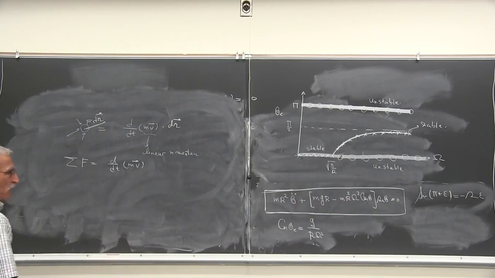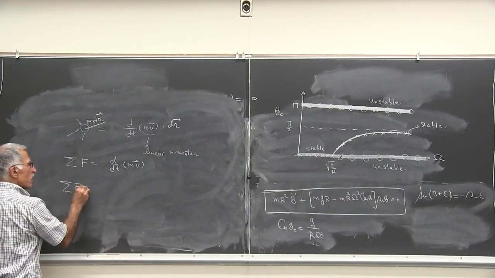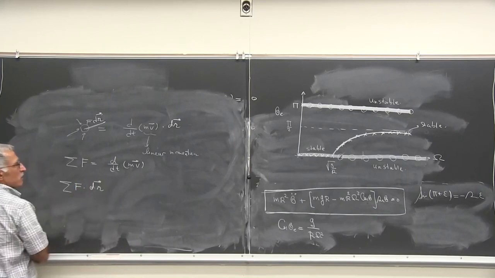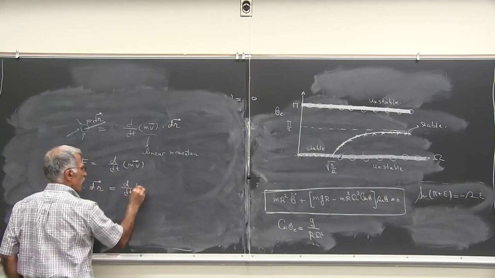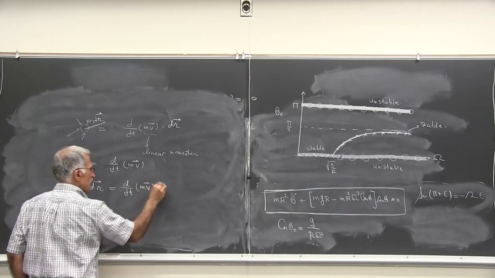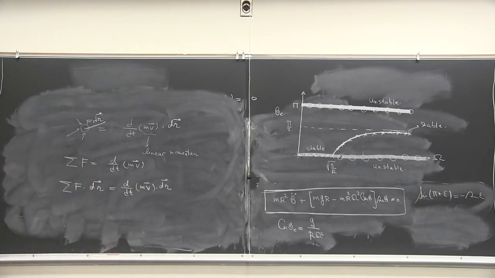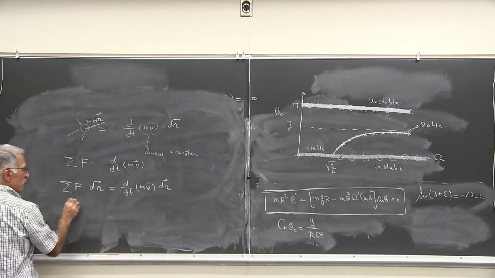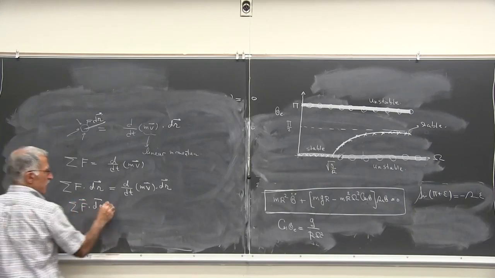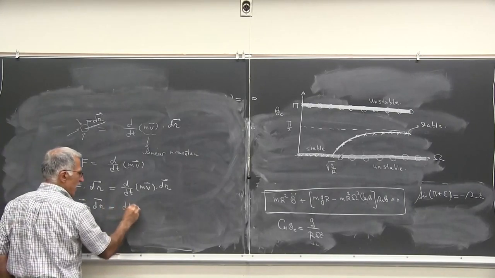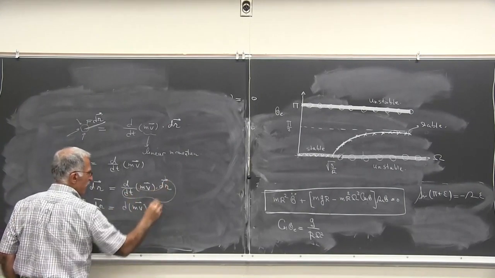So if you multiply both sides by dr, that means integration of F dot dr, dot product, and you put d over dt of mv dr, and this becomes the summation of F dr is equal to d(mv) times dr/dt. You can put the v.